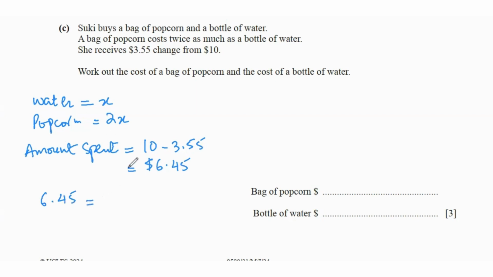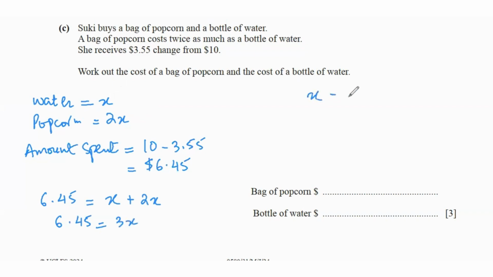Since we don't know how many popcorns or water bottles they bought, we'll just put X plus 2X equal to 6.45. Why? Because the cost of water was X and the cost of popcorn is twice of water, so that's 2X. So 6.45 equals X plus 2X, which is equal to 3X.